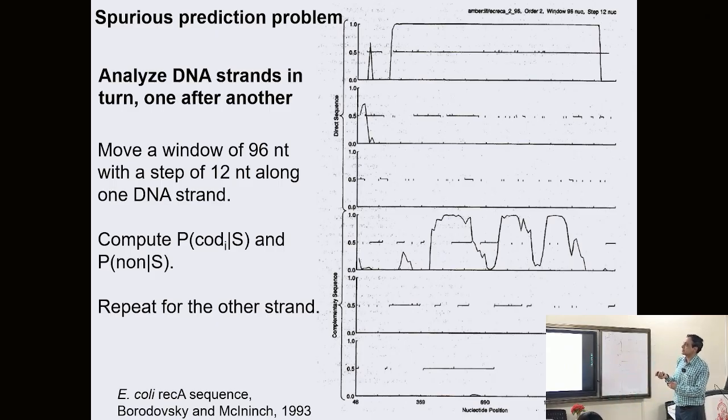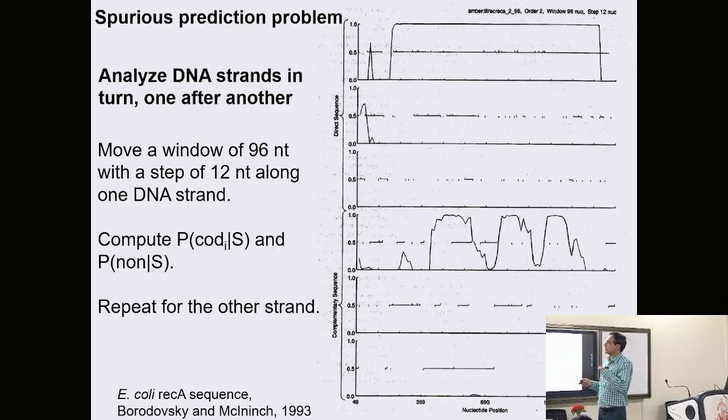So, you can see that from this position to this position there is a gene and that gene is in frame 1 on the direct strand of the DNA molecule. Okay? So, there are 3 frames for the direct strand and 3 frames for the complementary strand, and one more frame for non-coding.